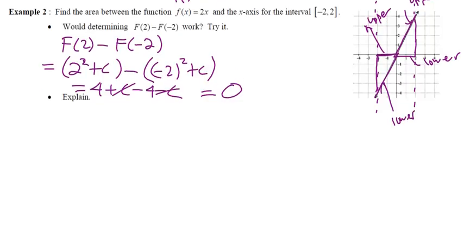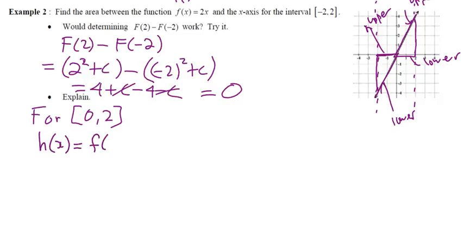Okay, so if we were going to do this, what we would have to do is say, for the interval 0 to 2, we're going to say that the upper function minus the lower, so let's call that h of x, is equal to f of x minus g of x.